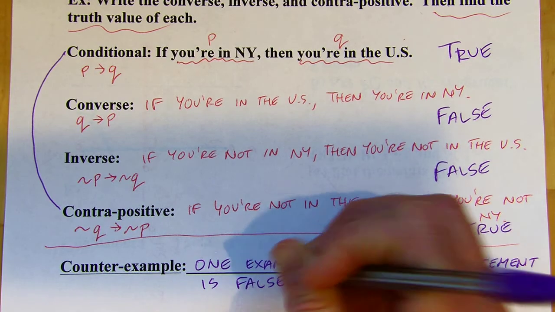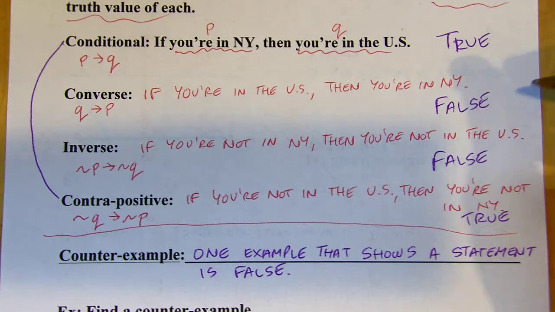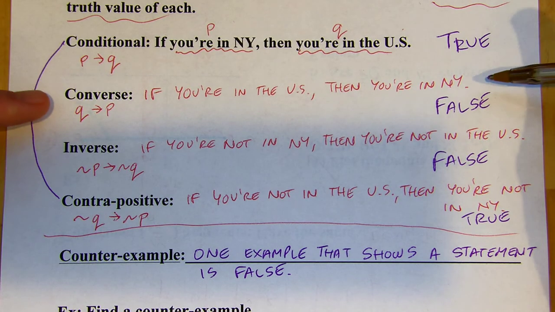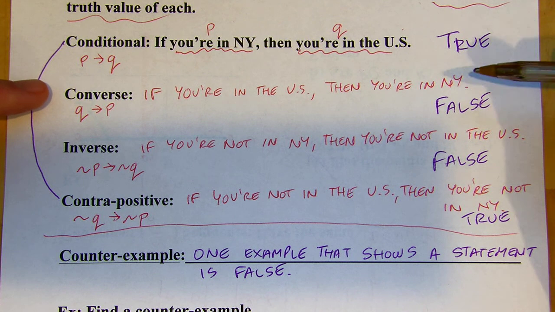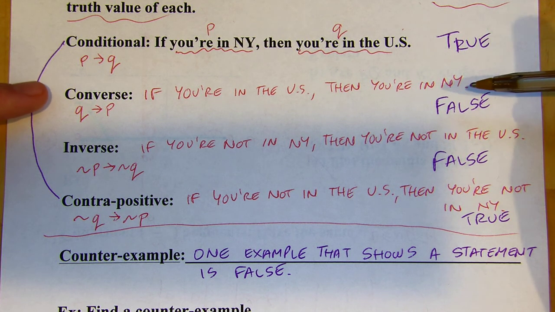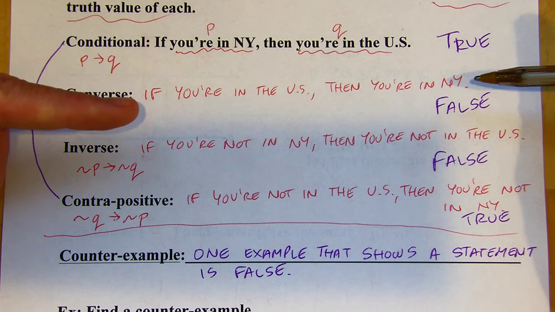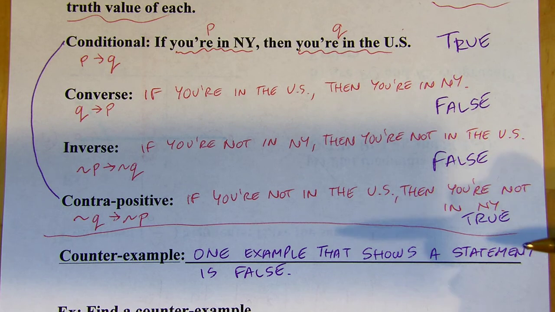So for example, I gave a counterexample when I was talking about if you're in the U.S., then you're in New York. Well, Walnut Creek would be a counterexample. I mean, sometimes when you're in the U.S., you are in New York, but not always, right? So the fact that you could be in Walnut Creek, that's a counterexample, and it shows that this statement is false. So you just need one counterexample to show that a statement is false.